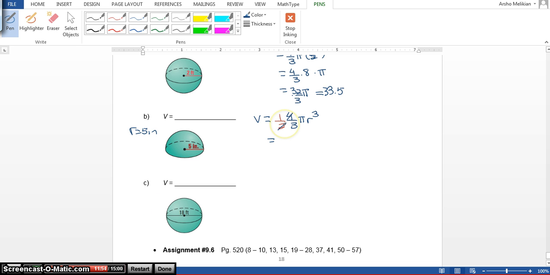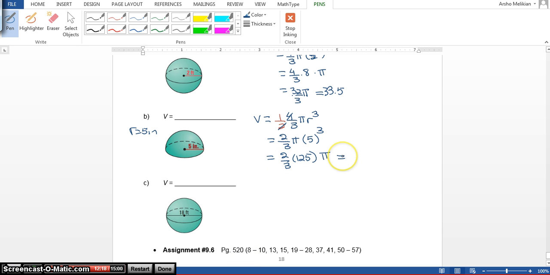All right, so half times 4, you're going to get 2/3 pi. The radius is 5 cubed. So 5 cubed is 125. Times 2/3 times 5. 125 times 2.